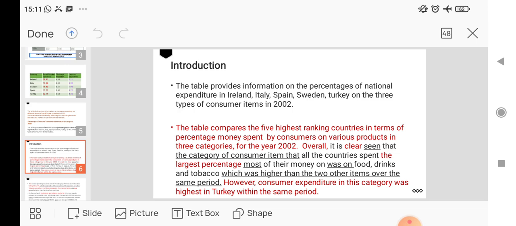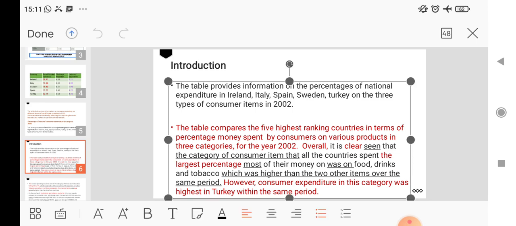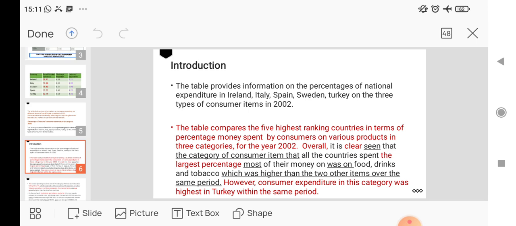And what I see here is that the students have repeated consumer items.